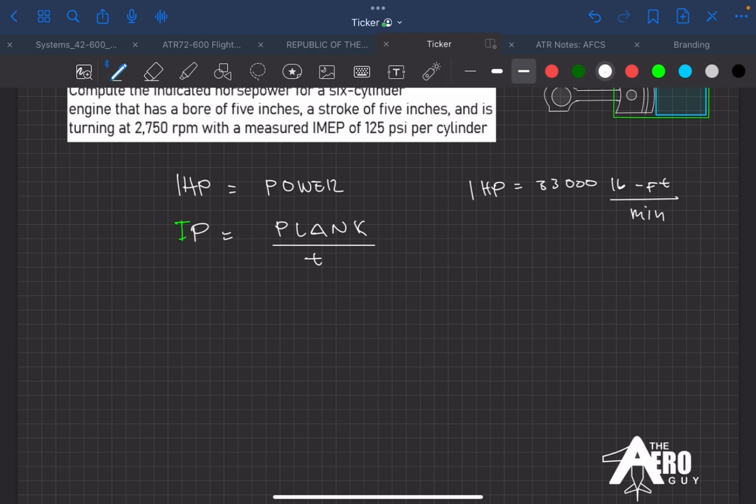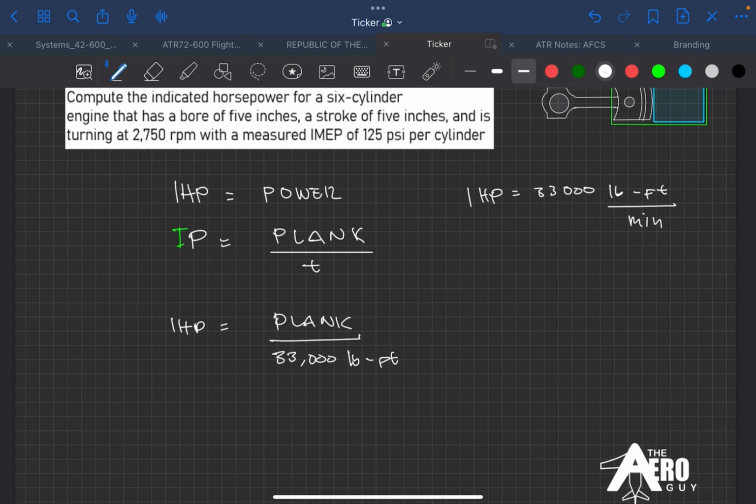That is why if you break down the units for IHP, it's just then going to be equal to PLANK over 33,000 lb-feet per minute.